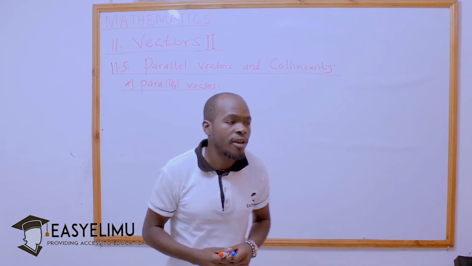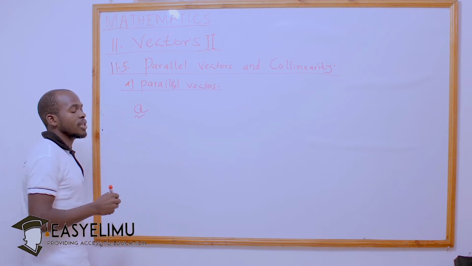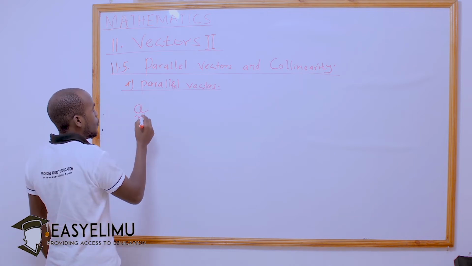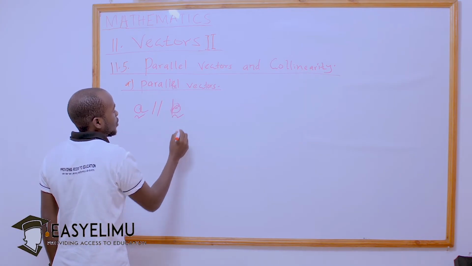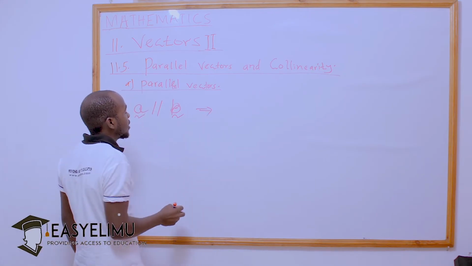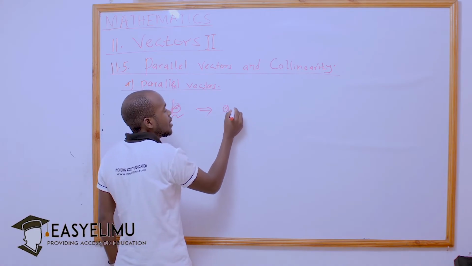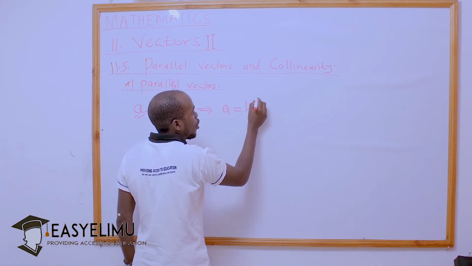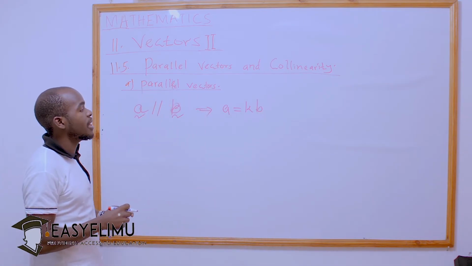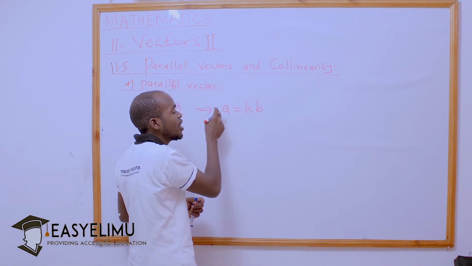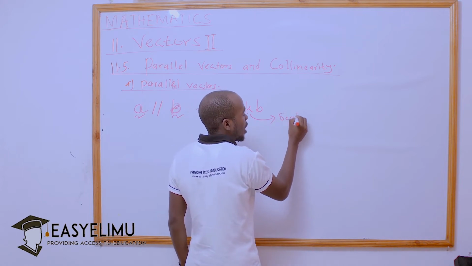For example, if we have vector A, which I may denote that way, being parallel to vector B, then this implies they will only be parallel if A is a scalar multiple of B. That is, when you take K multiplied by B, you will get A, whereby K here is a scalar multiple.